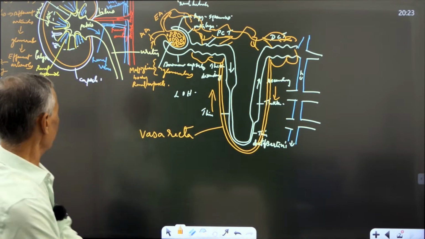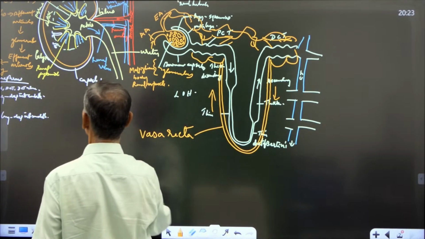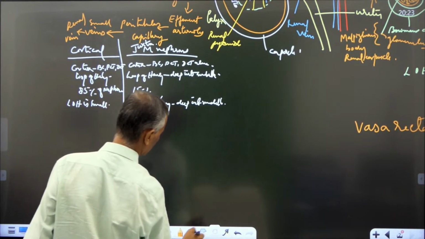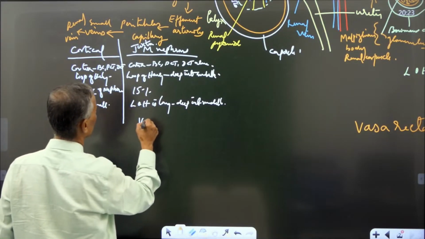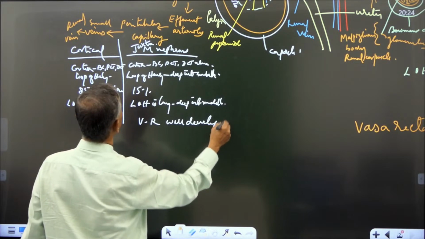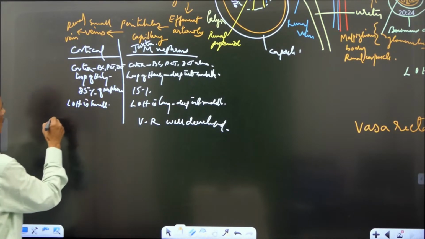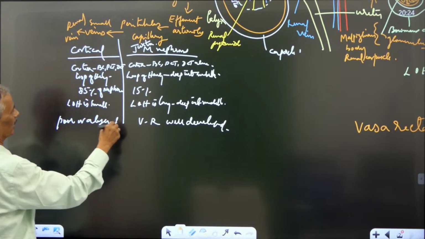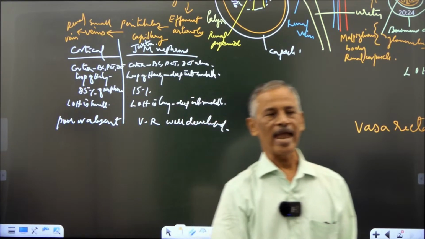This vasa recta is well developed in juxtamedullary nephron, whereas in cortical it is poorly developed or even absent.